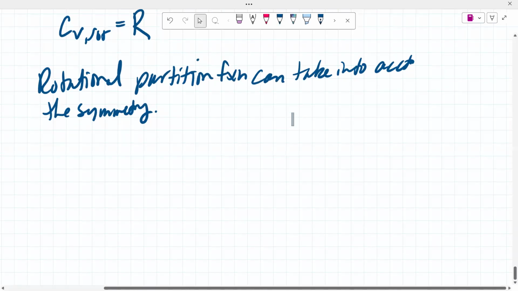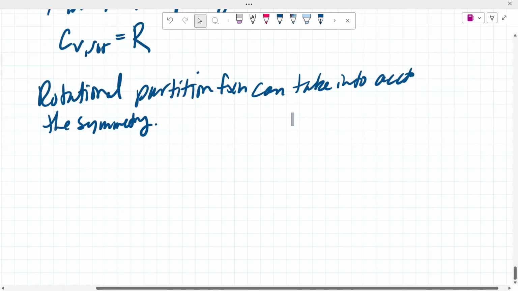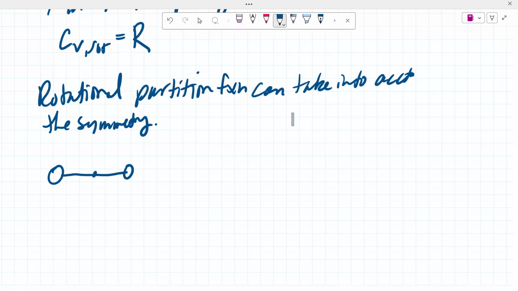Basically what we've done is we just did this, and this is 180 degrees, right? And so sigma equals 2.